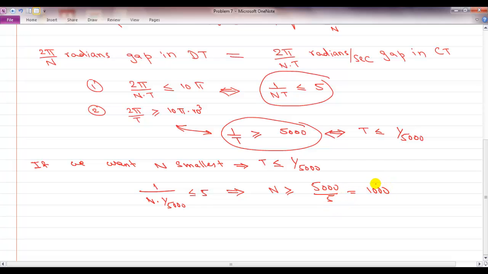So I pick n equal to 1,000, because I am asked for n smallest. That is one answer. And I pick T to be equal to 1 over 5,000, or 1 over T equal to 5,000.